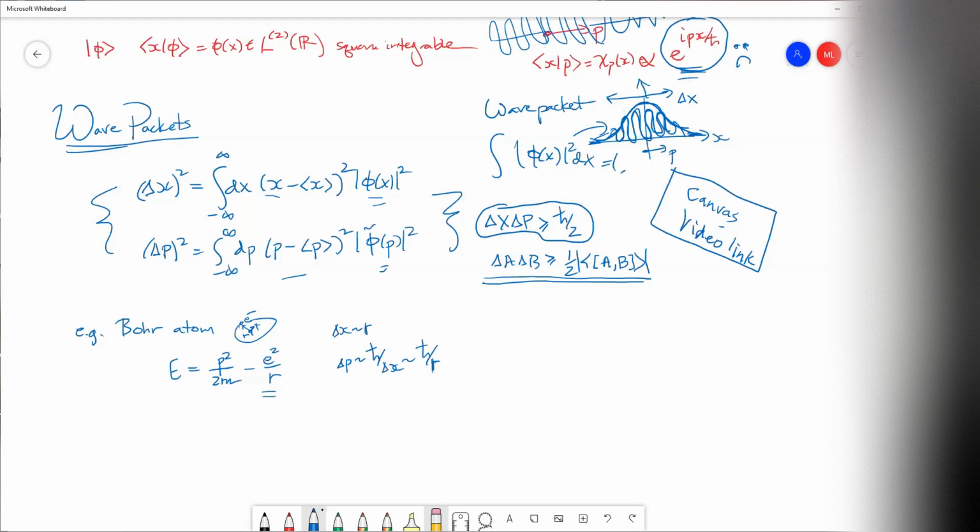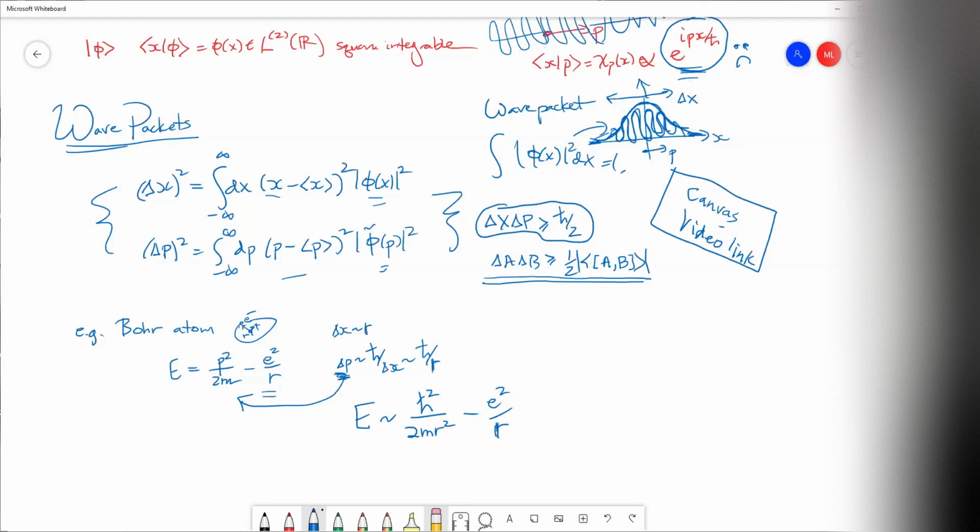And if you substitute back into here, and if we're in some low momentum state where the momentum is dominated by this uncertainty, then the energy should scale at least like H bar squared over 2m r squared minus e squared over r.